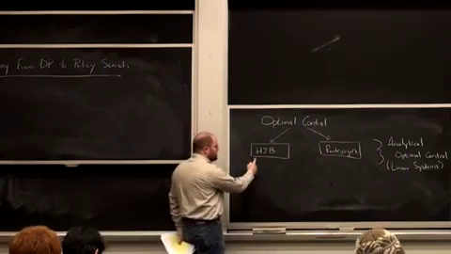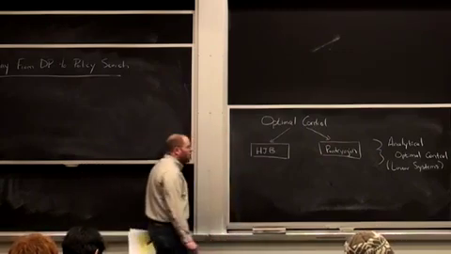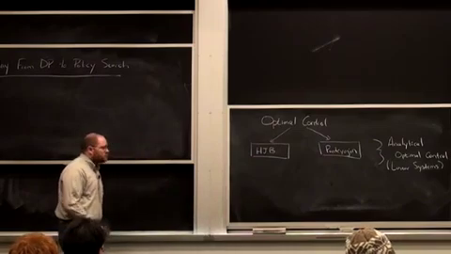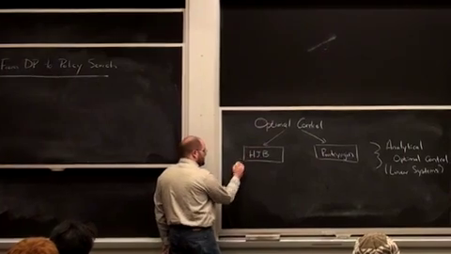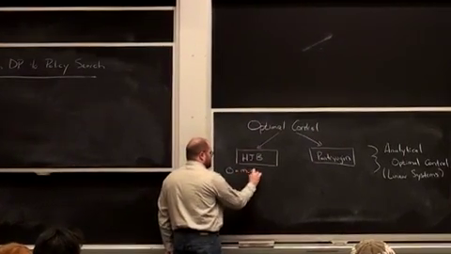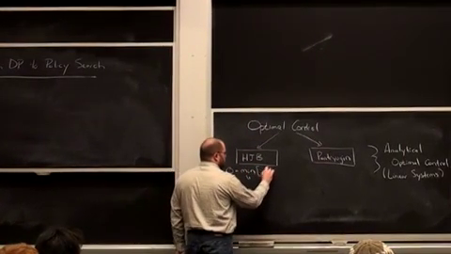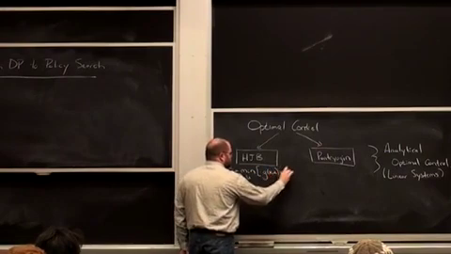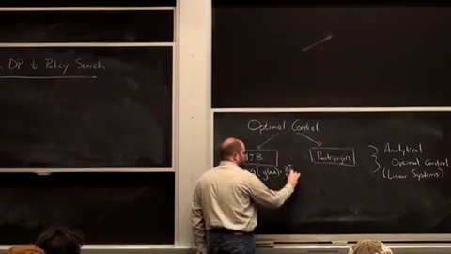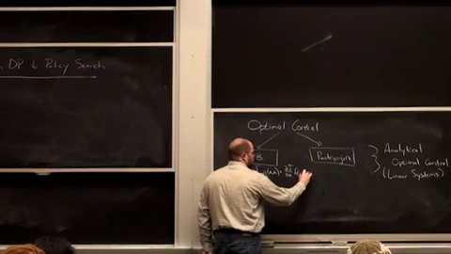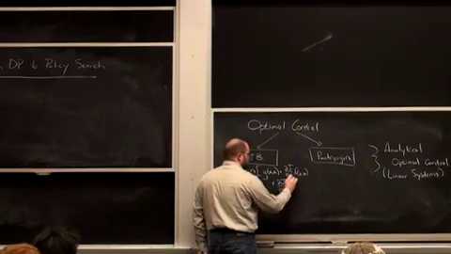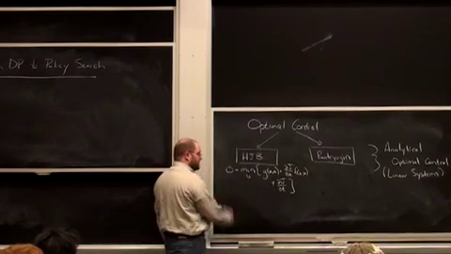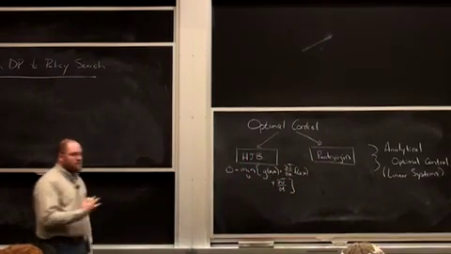So in the Hamilton-Jacobi-Bellman equation, we applied that, which remember was this partial differential equation with a hard nonlinearity, which describes the optimal solution.